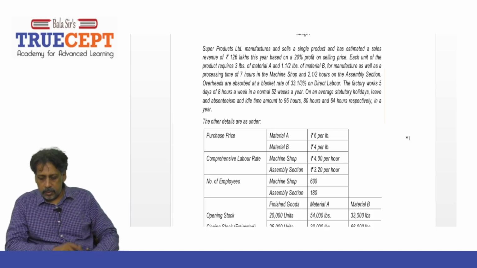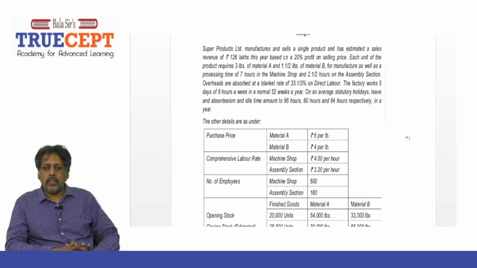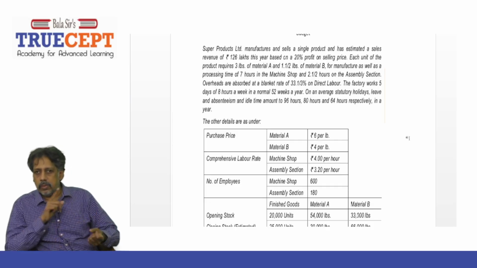Next. Now each unit of the product requires 3 lbs of material A and 1/2 lbs of material B. So basically LBS is pounds. It is a unit, like kilograms. So it is in pounds, LBS.